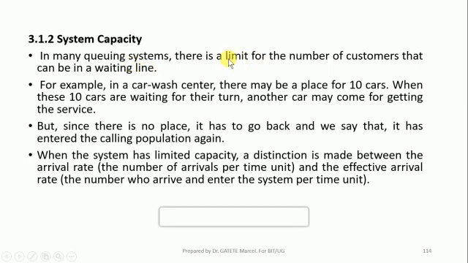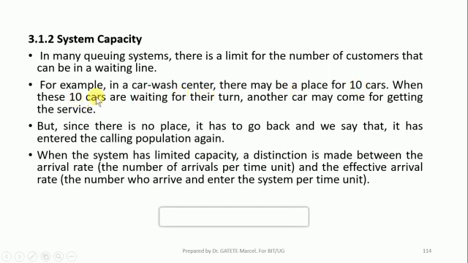If you have a limit, it means that the number of customers is limited or finite. For example, in a car wash center, there may be a place for only 10 cars at a time for parking those cars.